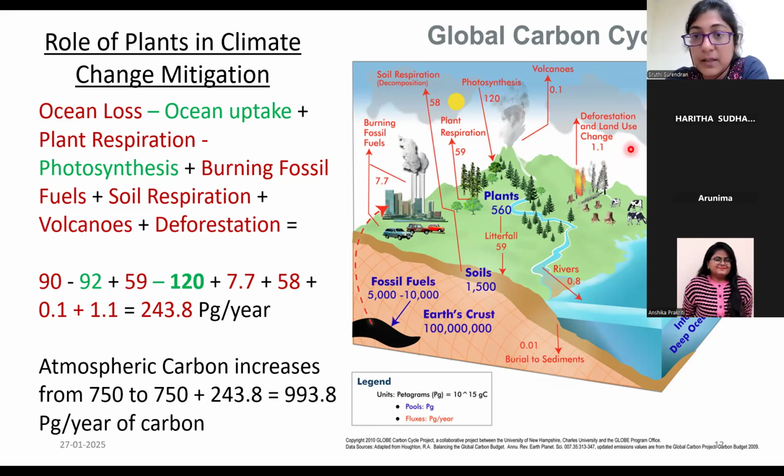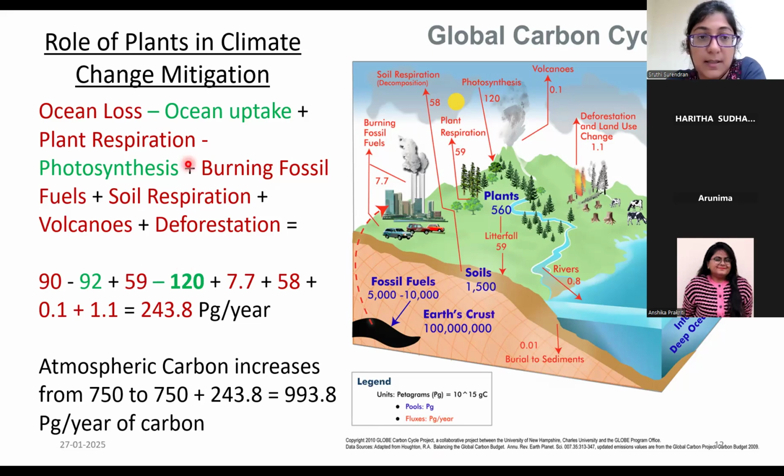So these are the atmospheric fluxes that are being shown in red. Not just atmospheric, but fluxes between the earth and the atmosphere, water and atmosphere, land and water, all of that. If you look at the numbers I have put in green, these are the carbon sinks, that is, carbon taken away from the atmosphere.